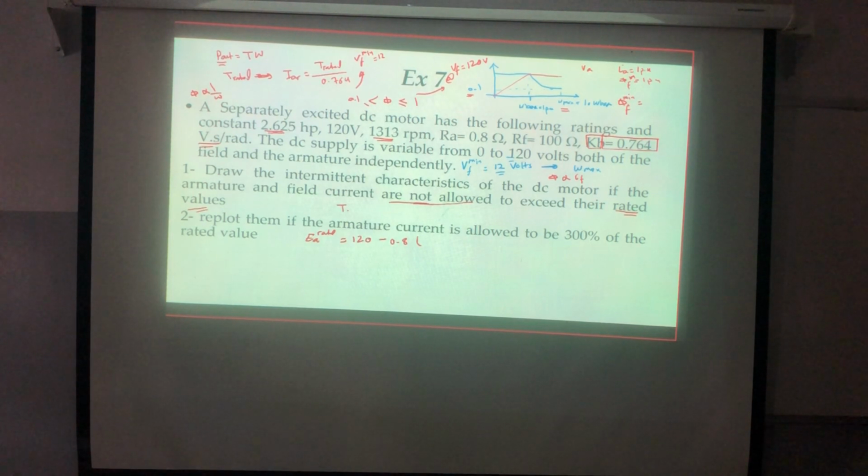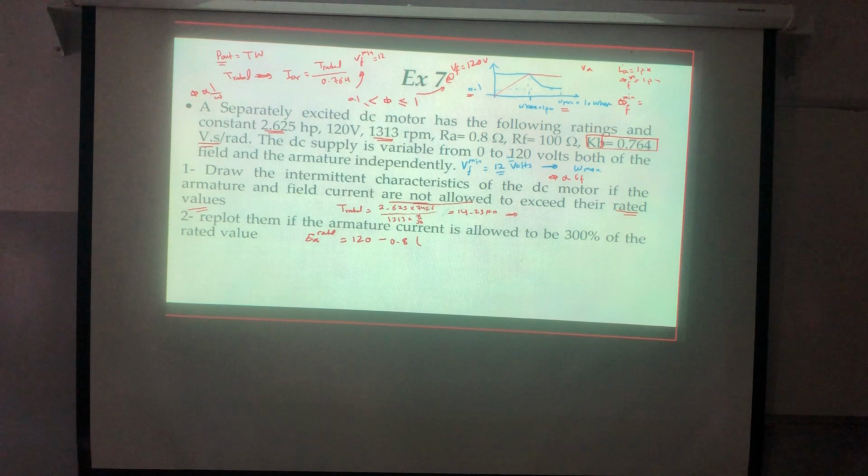Now T rated will equal the power, 2.625 multiplied by 745.6, over 1313 multiplied by 2π over 30. If we do the math, it will equal 14.23 Newton meter.